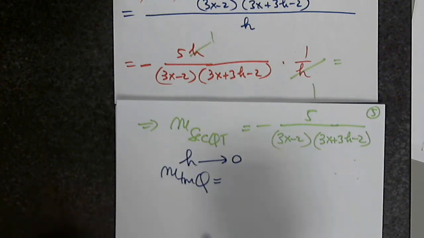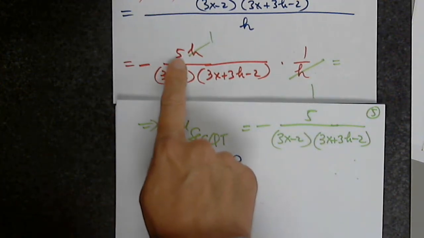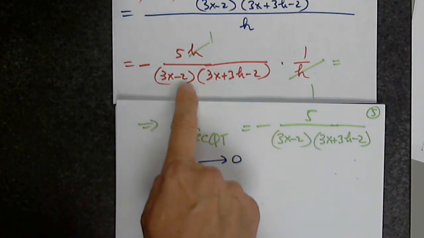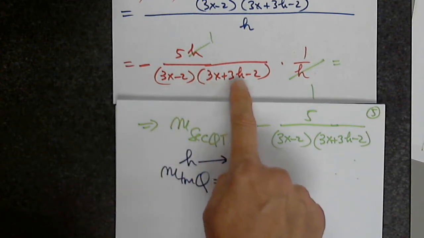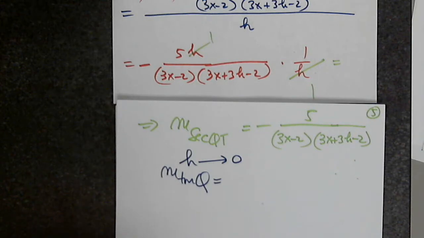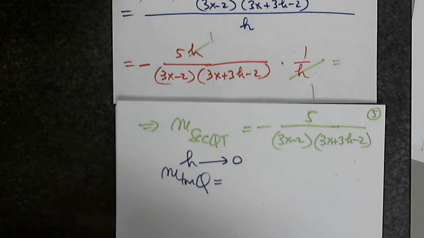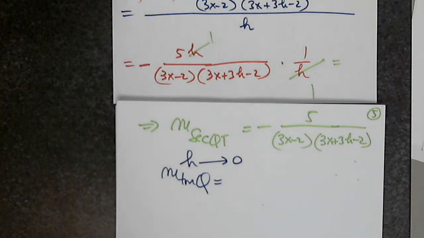Can you read the equation? Negative 5, 3x minus 2, 3x plus 3h minus 2. Plus h. 3x plus 3h minus 2. Correct. So what would be the slope of the tangent line at Q?